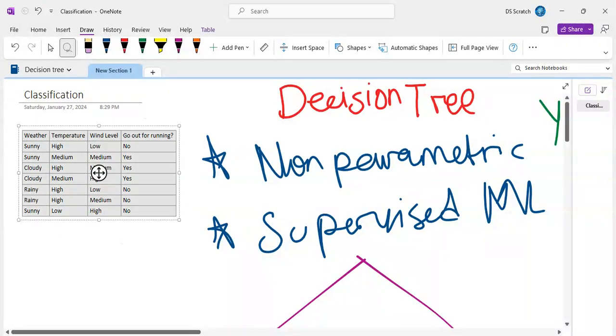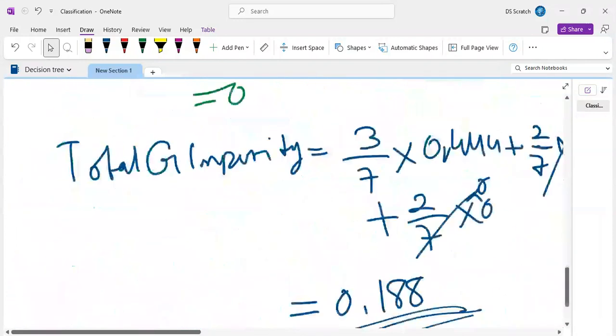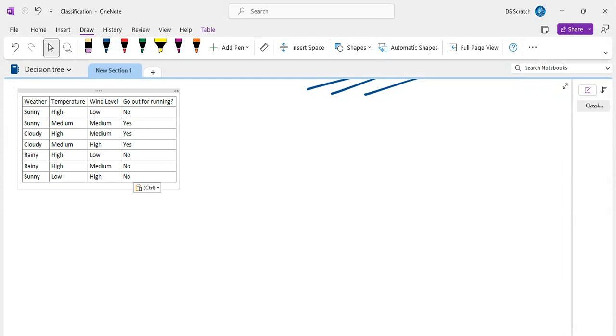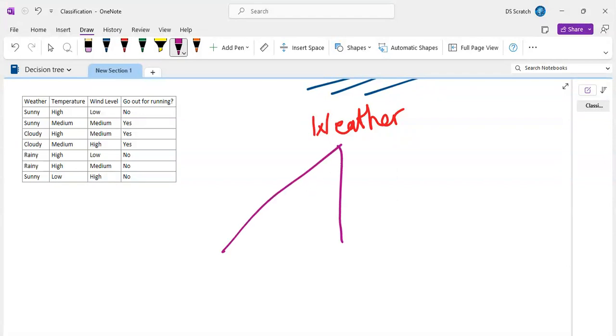Now I will select this table and paste it down. Okay, let's put weather on the top. Now weather has three status or three different types of weather.